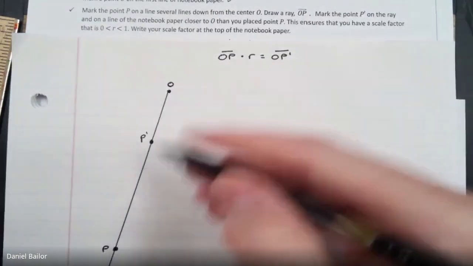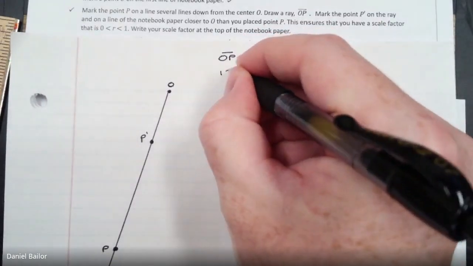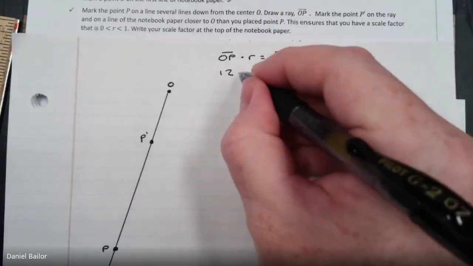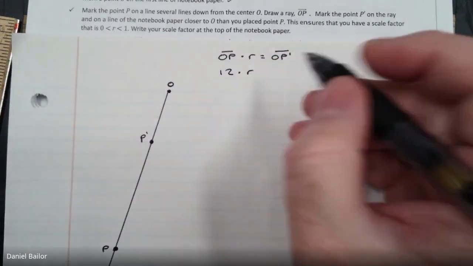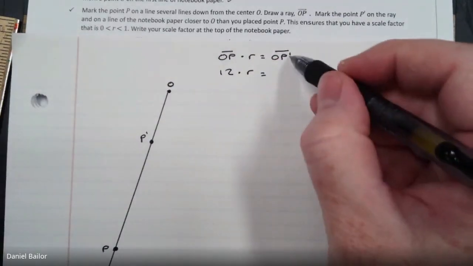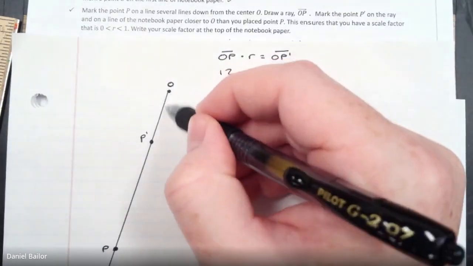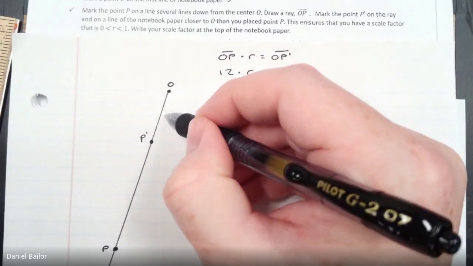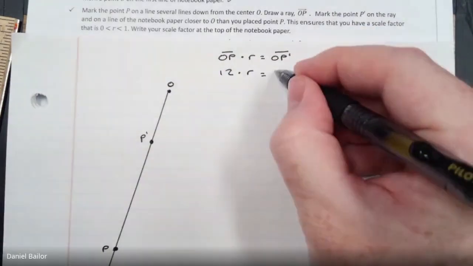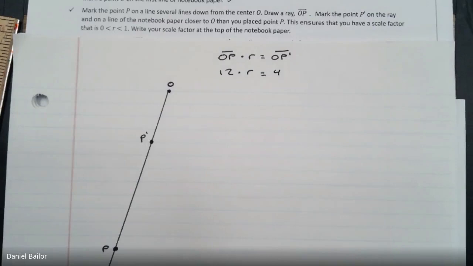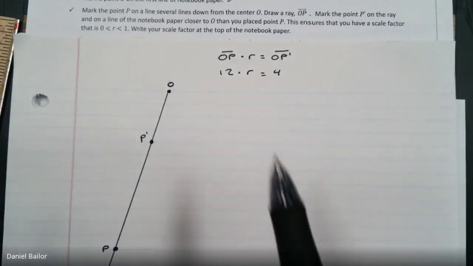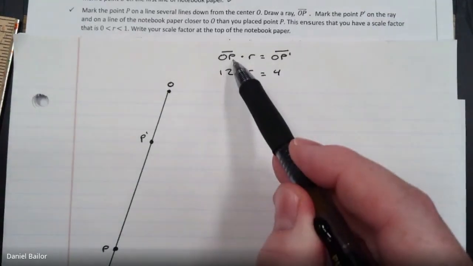So OP was 12 lines down. I don't know my R yet, but I do know that OP prime, how many lines down is OP prime? I go 1, 2, 3, 4. So OP prime was 4.